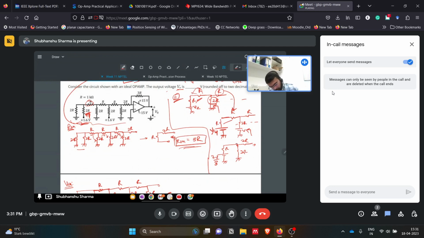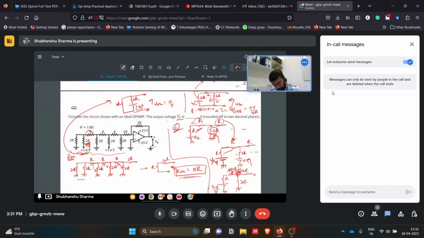So the voltage will be 2V by 3 into 3 by 8, so it will be V by 4. Okay, some mistake happened. Wait, I think we have made some mistake here.